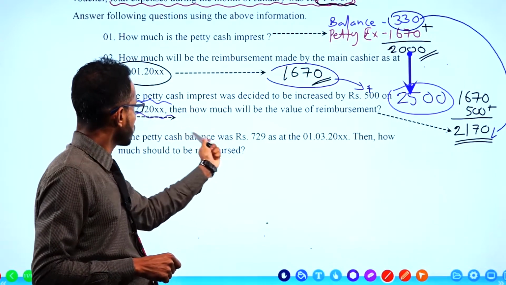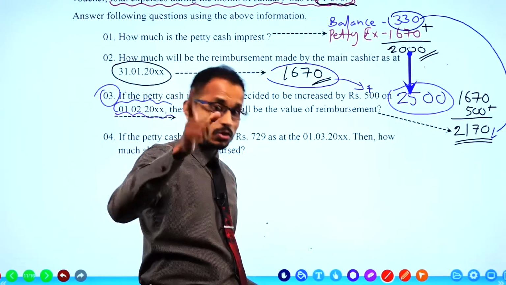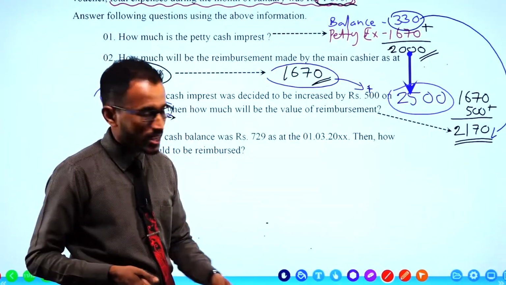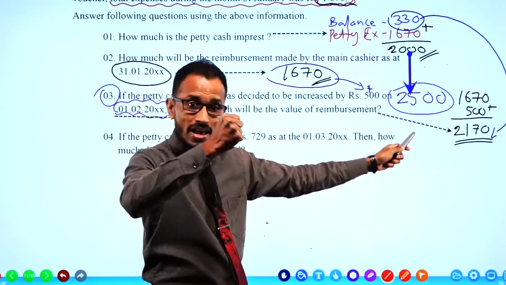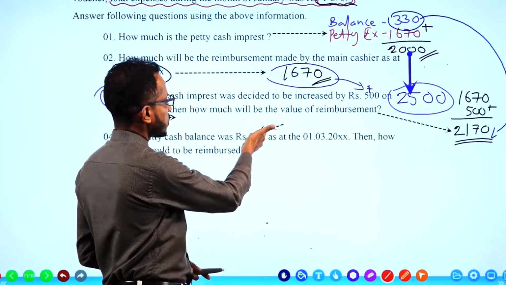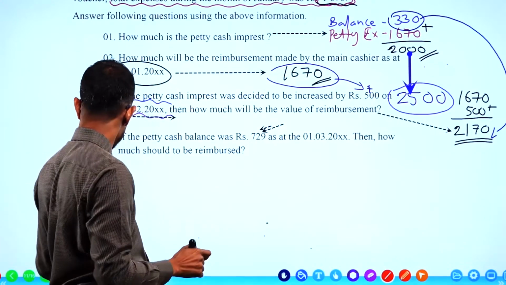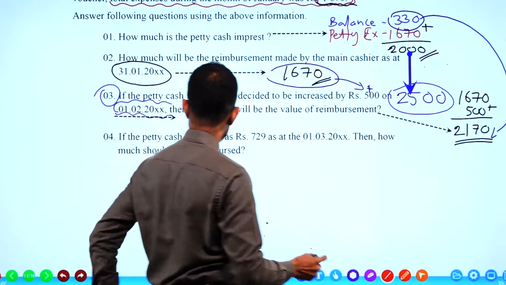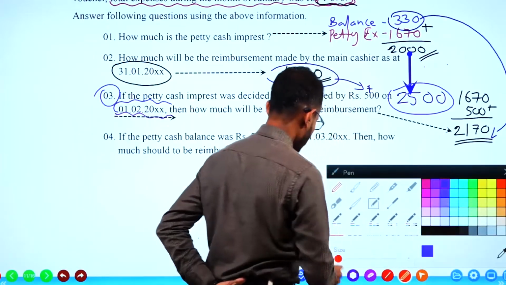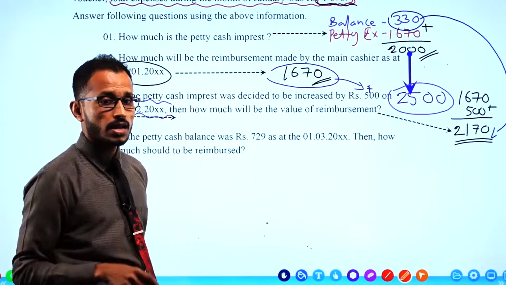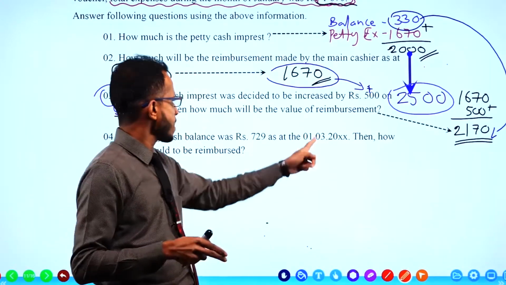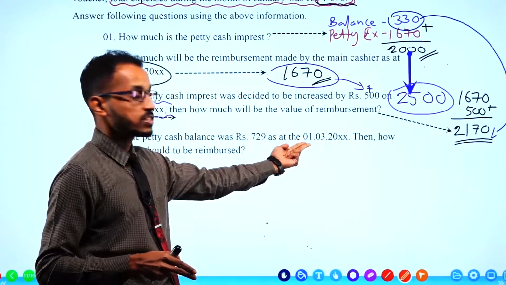If the petty cash balance was 729, out of this 2,500, some amount has been spent during the month of February, and at March there is a balance of 729. That is the balance which is coming from last month. Last month, after all the petty cash expenses are done, 729 is left as at 1st March.